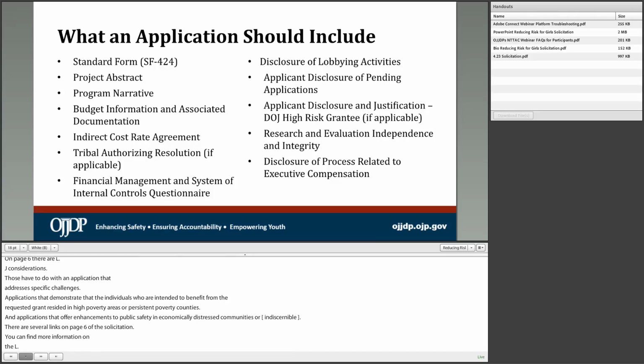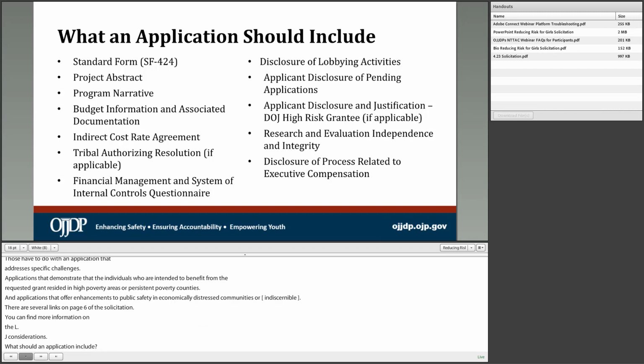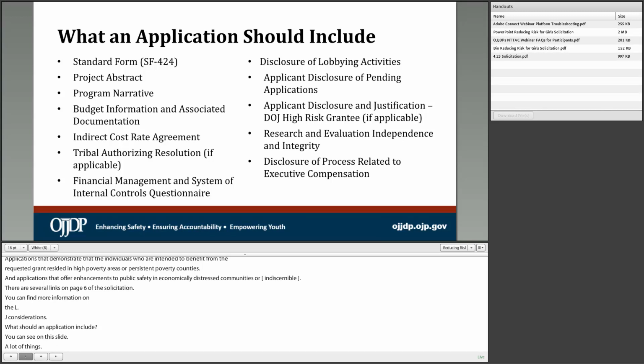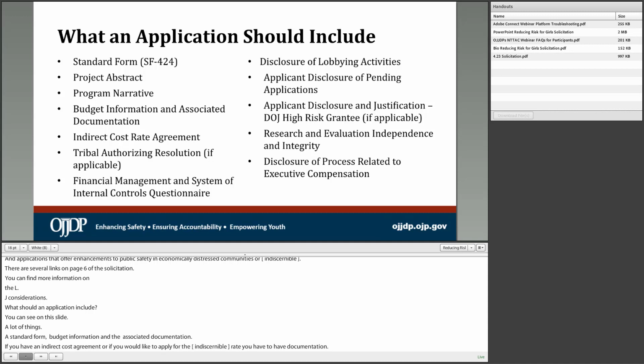So what should an application include? You can see on this slide a lot of things. A standard form, an SF-424, project abstract, program narrative, budget information and the associated documentation. If you have an indirect cost rate agreement or if you would like to apply for the de minimis rate, you need to have documentation. A tribal authorizing resolution, if that is applicable to you.